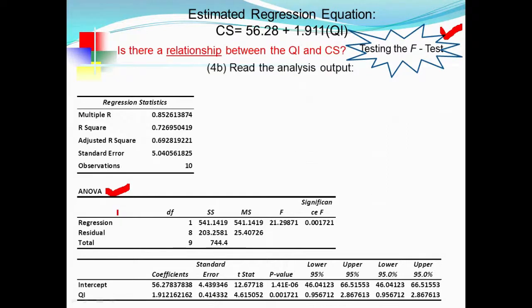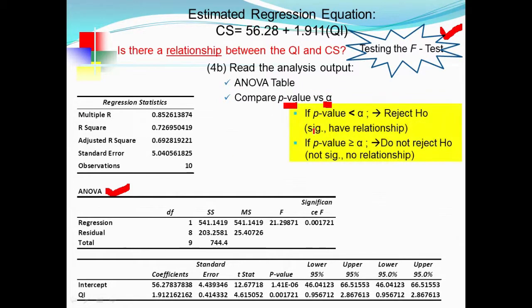You have to read the output referring to the ANOVA table. Again the decision rule, we compare the p value and alpha. Here this is the p value. The decision rule still remains the same: if p value is less than alpha, reject; if p value is greater than alpha, we do not reject.